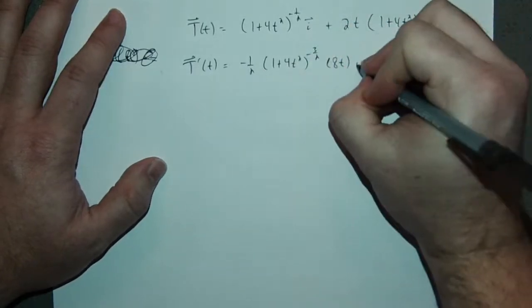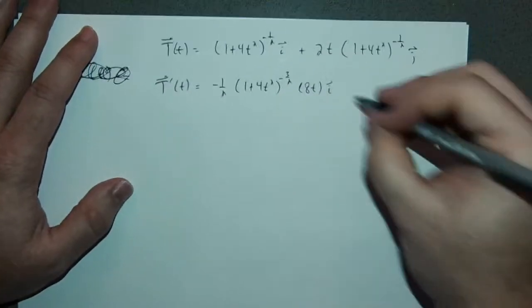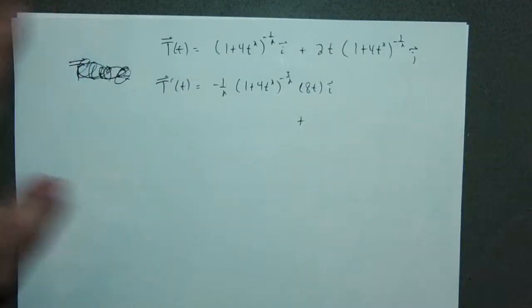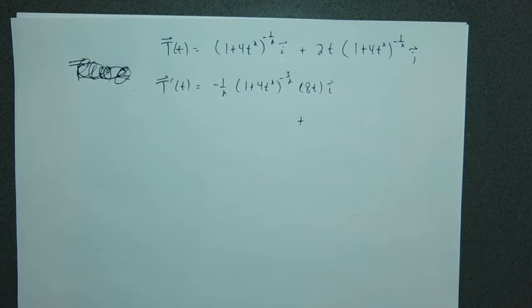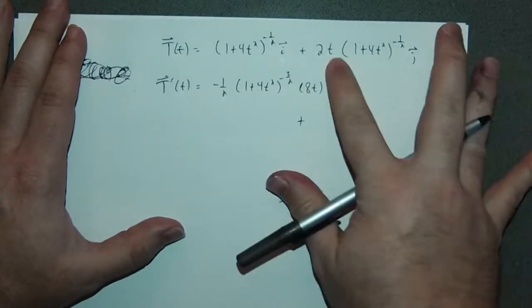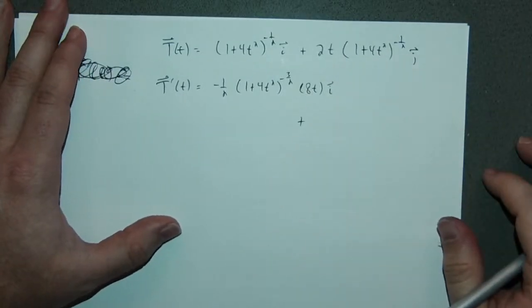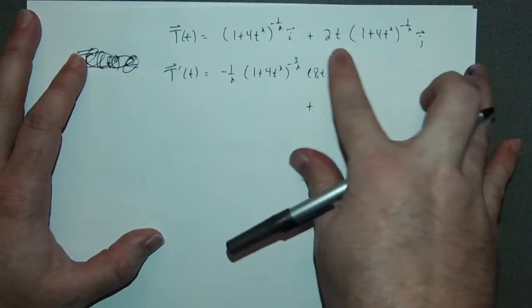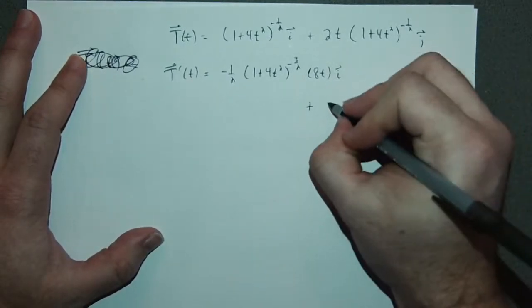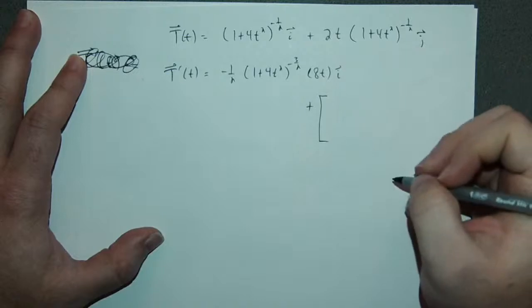Okay, plus a product rule here. Now, you can do it as a product rule, or you can do it as a quotient rule. It doesn't matter. I'm going to do it as a product rule here just for extra Calc 1 practice. So doing it as product rule, what is this? This is, better put a bracket here.